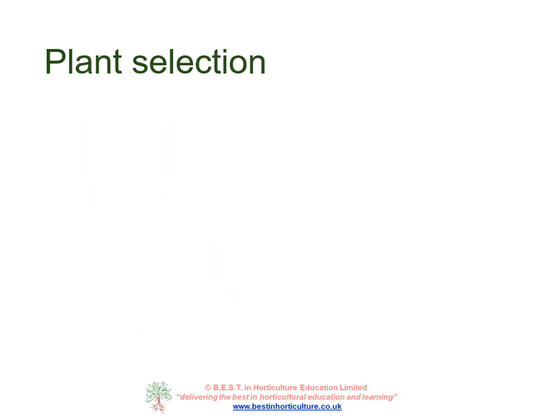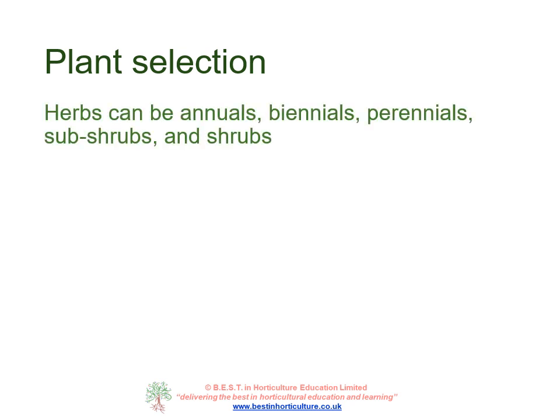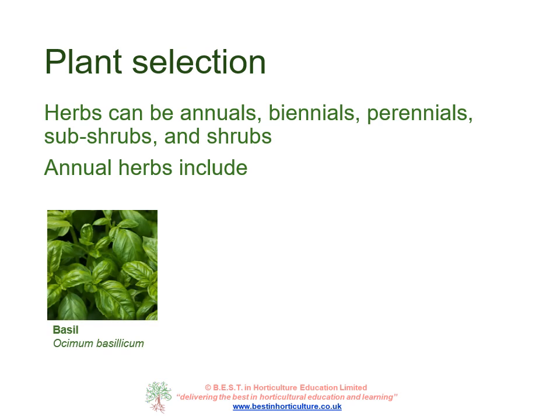When it comes to plant selection, the choice can be bewildering. There are over 3,000 herbs which are grown for their medicinal and culinary use. However, we've divided them here into herbs being annuals, biennials, perennials, subshrubs and shrubs. Just a selection of these would include, as annuals, things like basil, Ocimum basilicum.